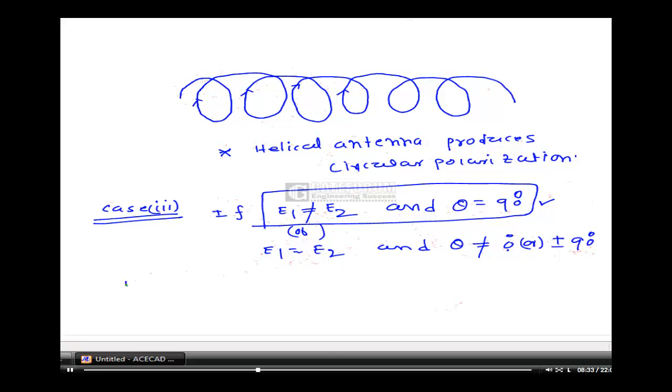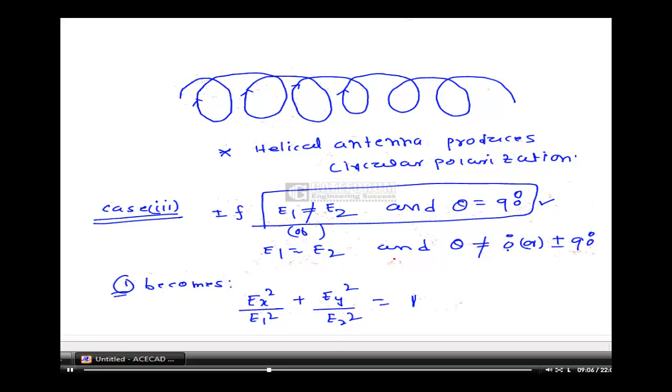Then what happens? Then equation 1 becomes Ex square by E1 square plus Ey square by E2 square is equal to 1. I am taking theta is equal to 90 degrees, cos 90 is 0, sin 90 is equal to 1. Even if you consider this case, the equation 1 remains as it is, because theta is some different angle, so it has some values.